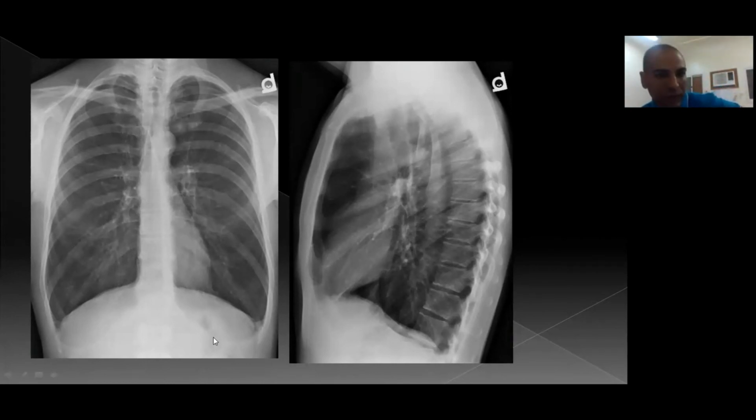How can we identify this one? Normally, the 7th rib intersects the diaphragmatic copula at its midpoint. We discussed this in the first part of our lecture. Can you put a pointer, Dr. Mohammed?